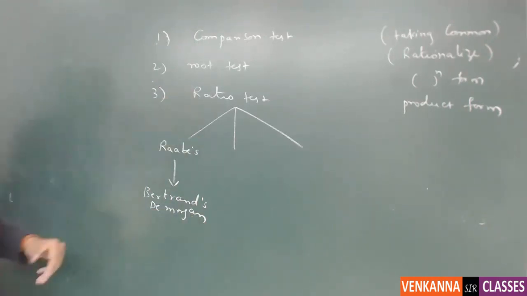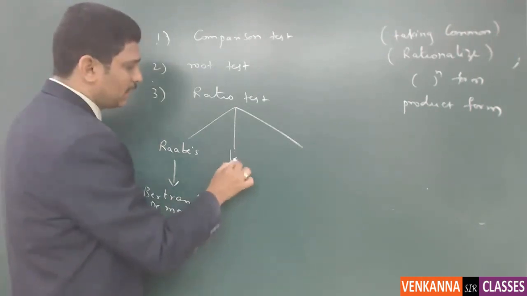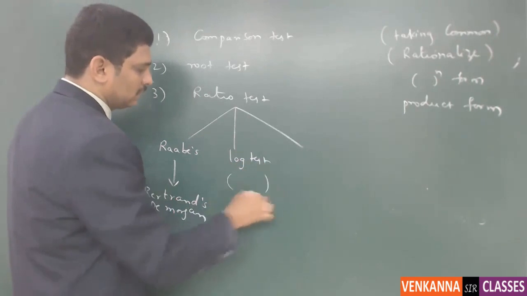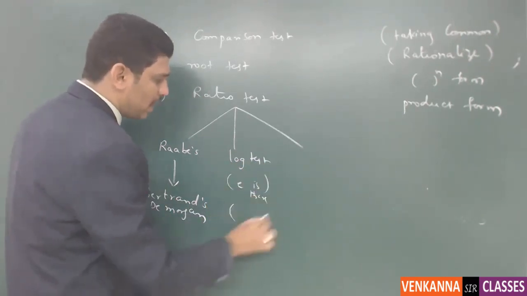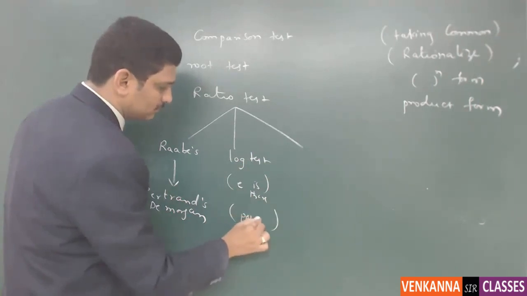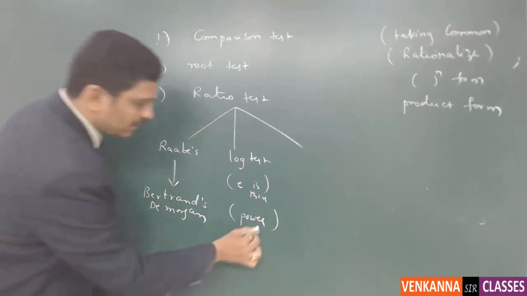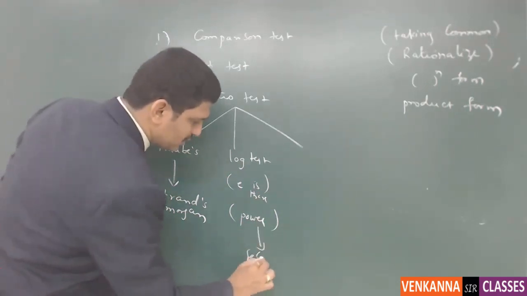Then after applying ratio test, we apply the logarithm, the log test, when e is there or a power is there. Then after applying log test, you apply the second log test.